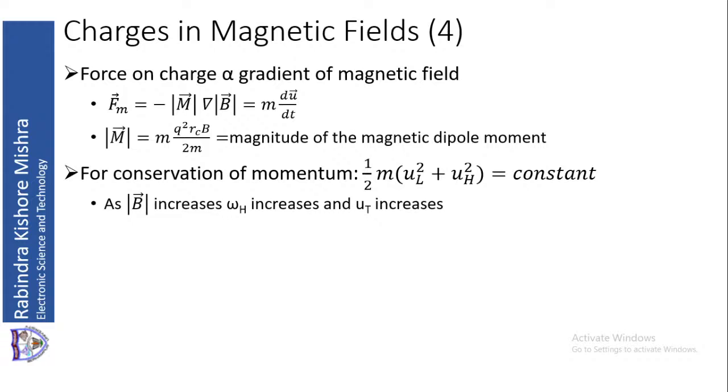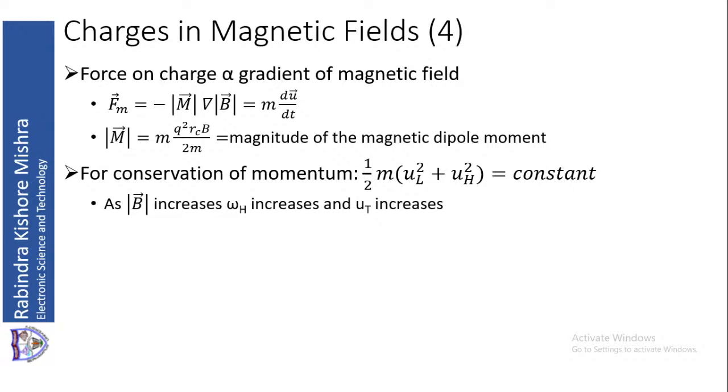For conservation of momentum or conservation of energy, half m v square has to be constant. Now as B increases, omega h will increase and omega ut will increase. Why? We have already seen the relationship between omega h and B, and similarly between B and ut.